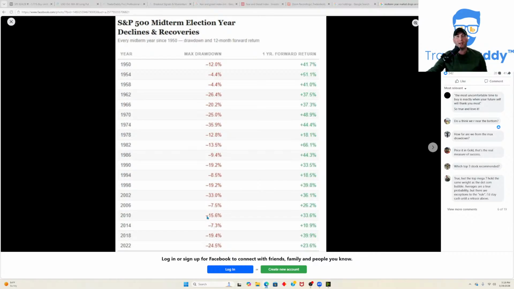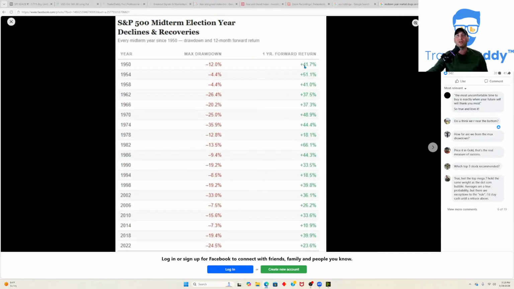And I remember thinking about this because I remember in 2018 and 2022, the market went down a lot. So looking back, it actually happens every midterm cycle. The market has gone down. So every 2 years after an election year, the market has gone down.